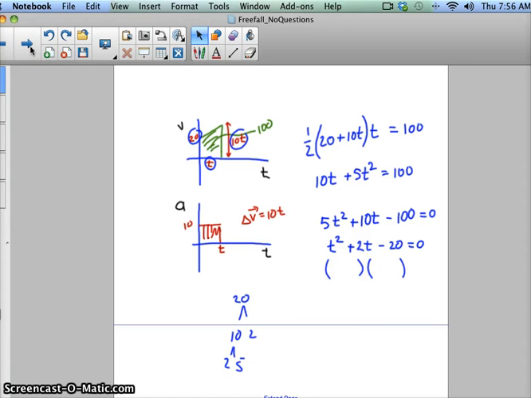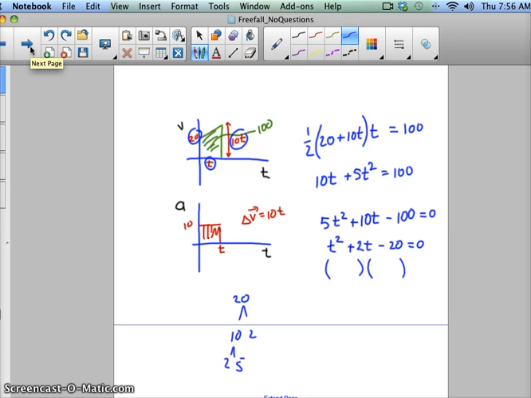So I think I'm out of luck. I think I'm going to have to use a quadratic equation here. Unless I'm wrong, it could be wrong. So you'll use a quadratic equation to find t. And once you find t, you'd be able to find out the actual velocity downward at t seconds.